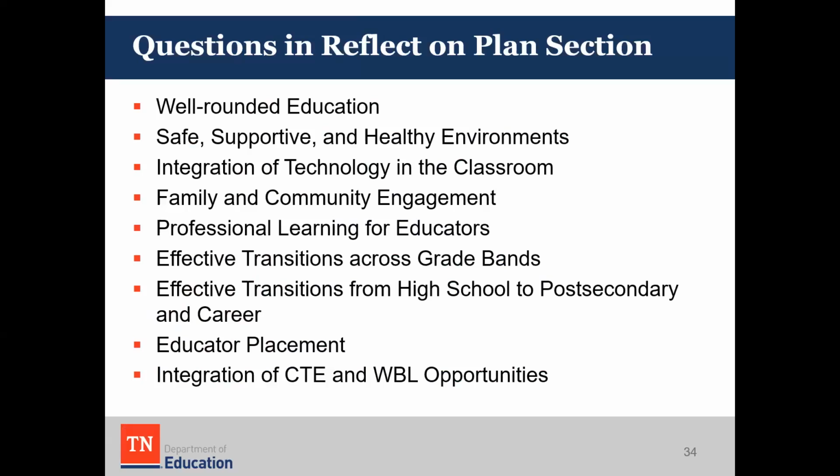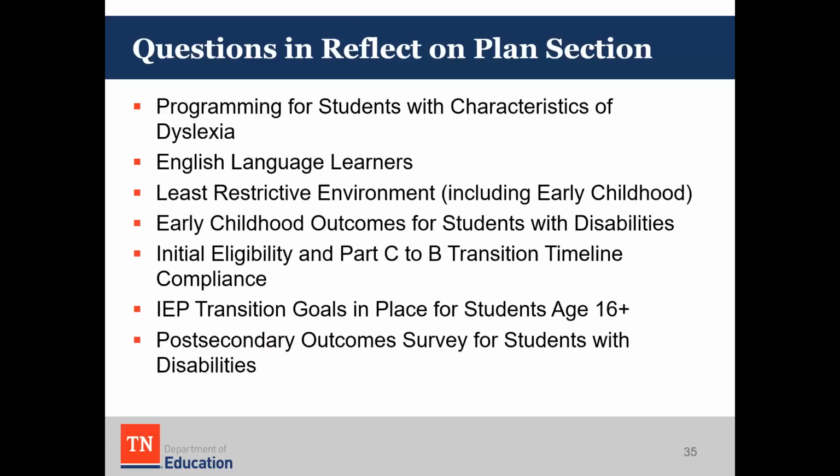These questions focus on well-rounded education, safe and supportive and healthy environments, family and community engagement, effective transition from high school, educator placement, and the integration of CTE and work-based learning opportunities. Additional questions include English language learner supports, least restrictive environment, IEP transitionary goals in place for students, and post-secondary outcomes surveys for students with disabilities.